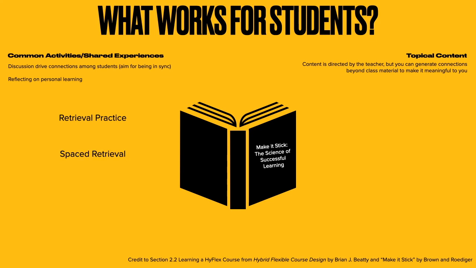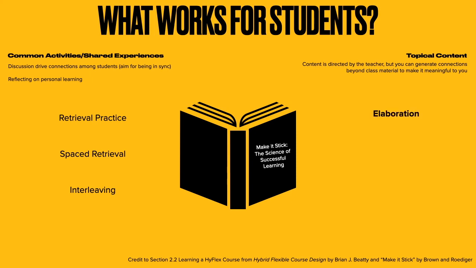Space retrieval, going back to things you may have learned earlier. It can be very helpful in self-learning and keeping yourself engaged with what it is you're learning. Interleaving is this idea of mixing up your skills from time to time to see if you can see the connections between a skill that you learned earlier in the year and later in the year.